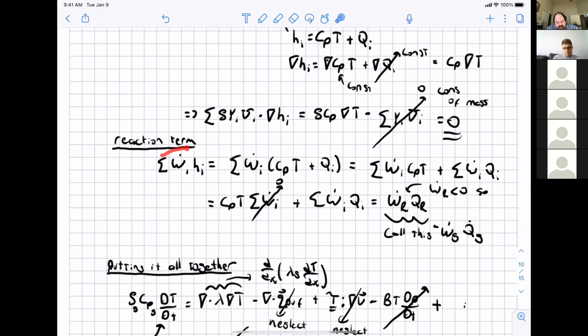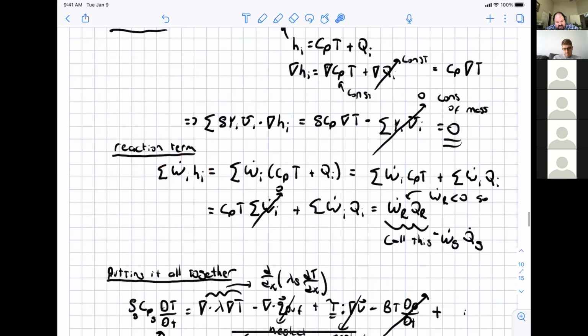I'm going to expand out the sum of the chemical reaction term here. This is the sum of the net chemical reaction rate, or the net mass rate of production for species i, times the enthalpy of species i. Again, we're assuming the ideal gas limit, so there are no enthalpy departures or anything like that that we need to worry about.